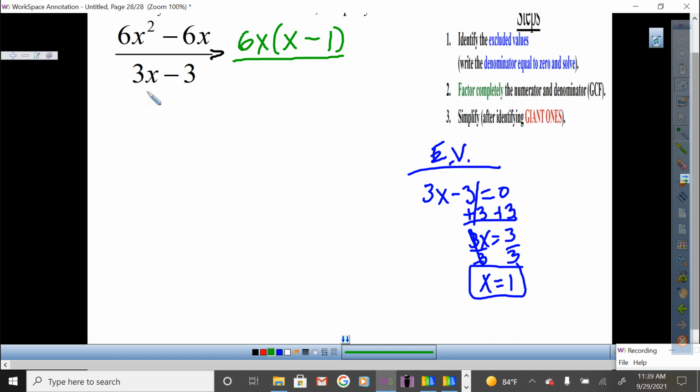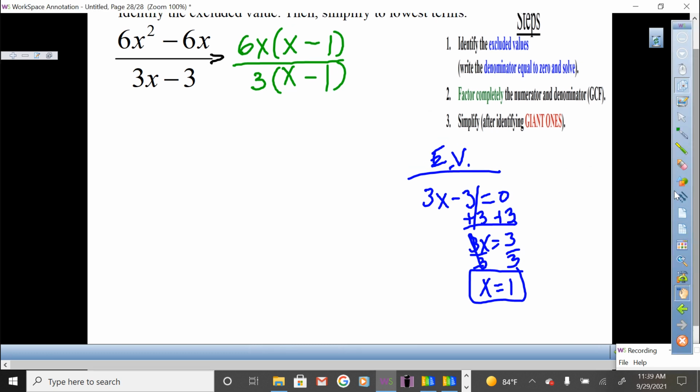What's our GCF? 3. And we're left with x minus 1. Okay, so far so good. However, look at the numerator. Can we factor the numerator a little bit more here? What is 6? 2 times 3. Okay, so I'm going to erase the 6 for right now, leave it at 2 times 3.